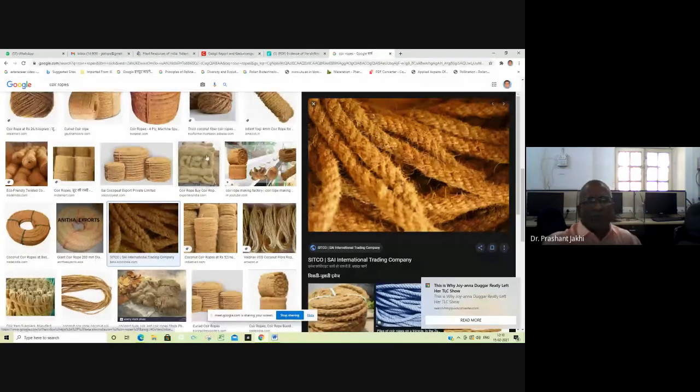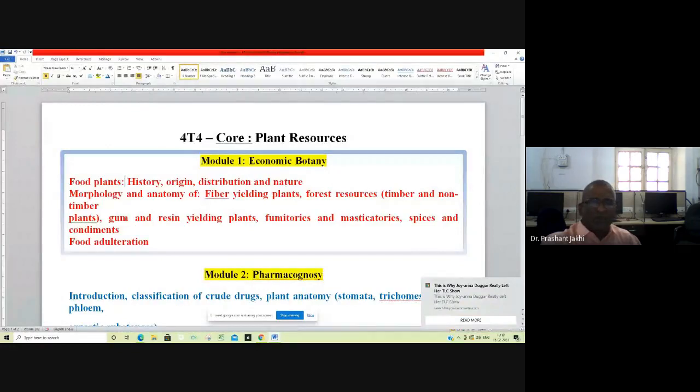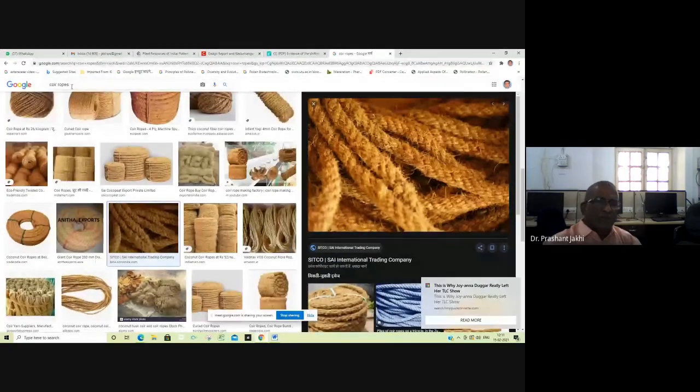So as far as our first unit is considered, we are going to study also fiber yielding plants, then forest resources including timber and non-timber. I think it is best known to you, a major population of our country is living in villages, on banks of rivers and in the vicinity of the forest.